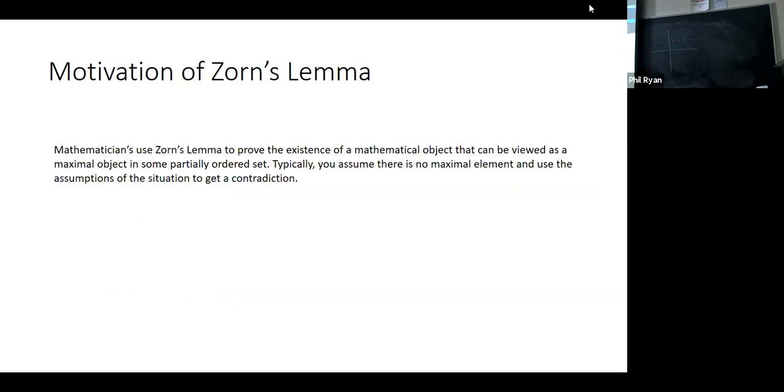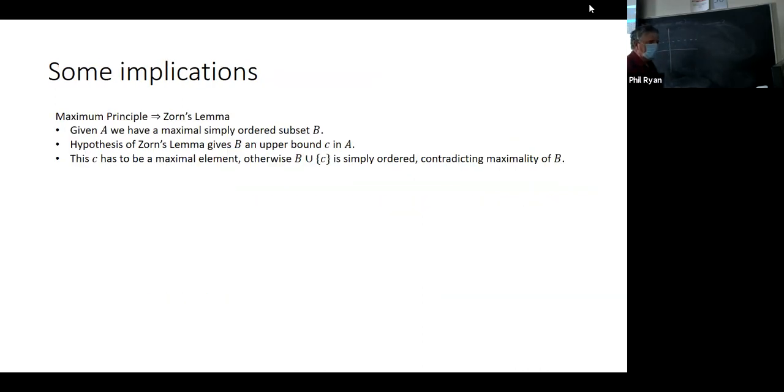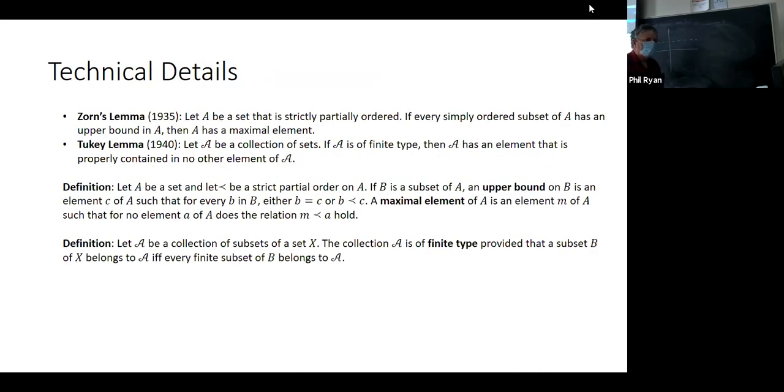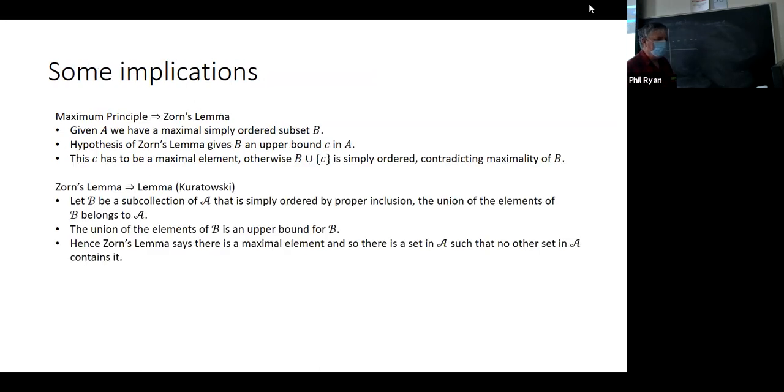Okay, but Zorn's lemma is pretty good, right? Because if we look at Zorn's lemma again, it's saying that A has a maximal element. And that's what's useful about Zorn's lemma.